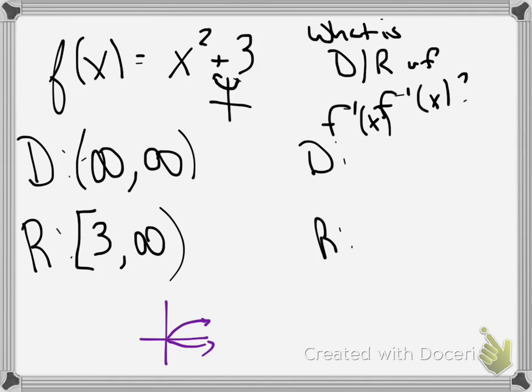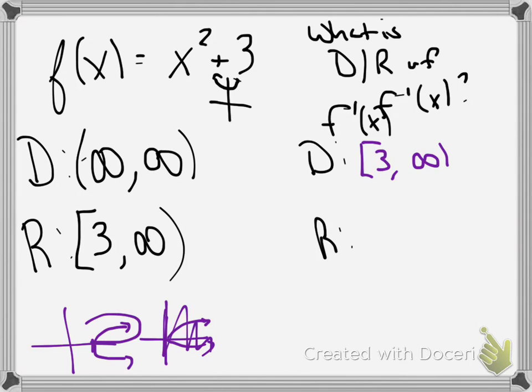So what we're going to do is flip-flop the domain and range slightly. We're going to keep the domain the same as the range. We are going to go from 3 to positive infinity. But the range isn't going to be all reals. And in fact, I kind of drew this a little bit off. Really, the function should look more like this. It should be over at positive 3.